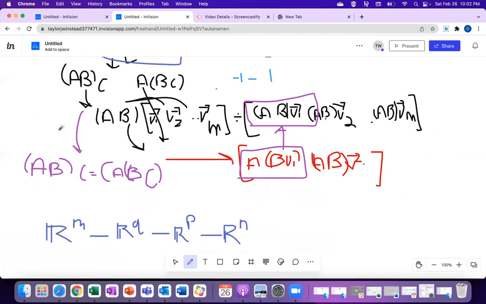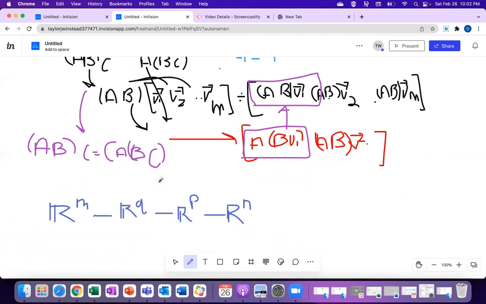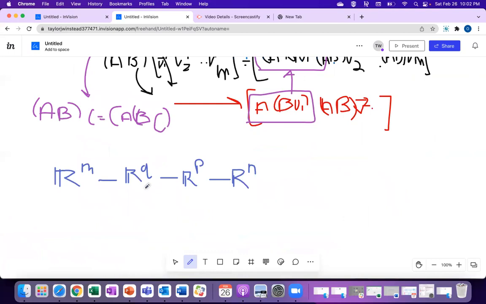So knowing all of this, we can say some things. So first we can start out by saying that from here to here is AB. From P to, not P to M, sorry. From N to M should be BC.